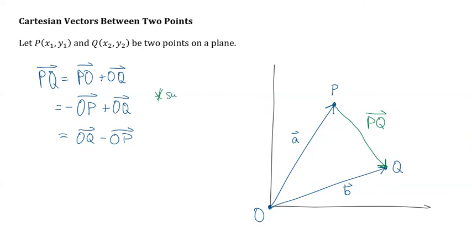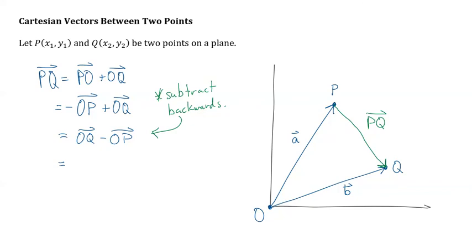But here's the reason why we had to flip this around. What is OQ? Well, it's from 0 to this point. So that vector is just x2, y2, right? This was the definition of Cartesian vectors that we started with. That's the definition of a vector, its tail on the origin to that point.